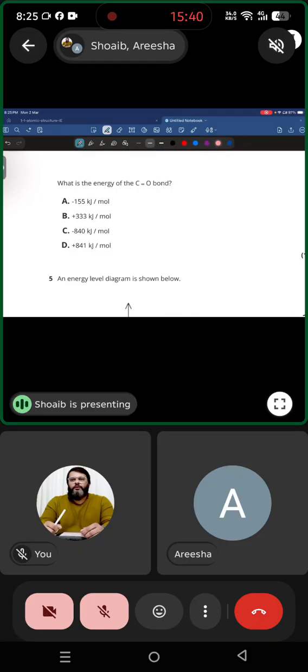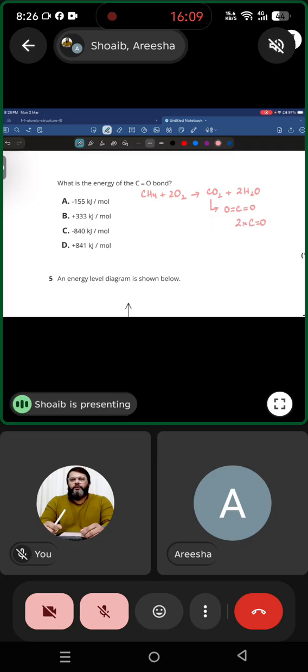Now I'm going to write the equation here for reference. Methane plus 2 moles of oxygen forms carbon dioxide and 2 moles of water. For the carbon dioxide, carbon is double covalently bonded with 2 oxygen atoms. So this value will be 2 multiplied by carbon double bonded with oxygen.